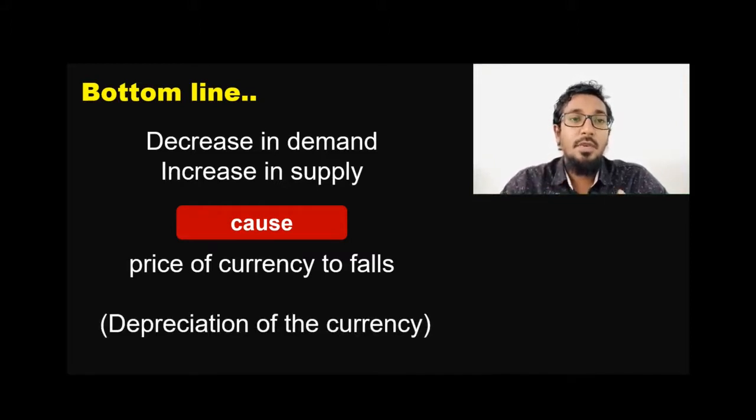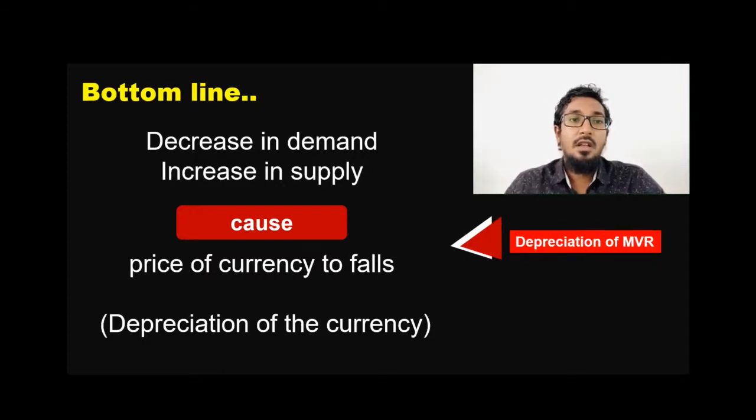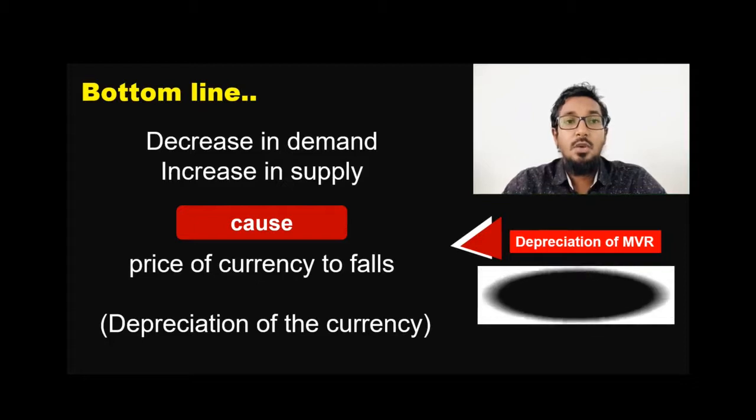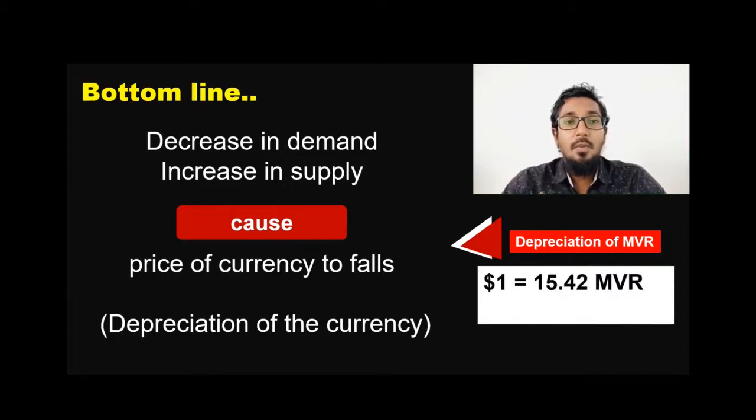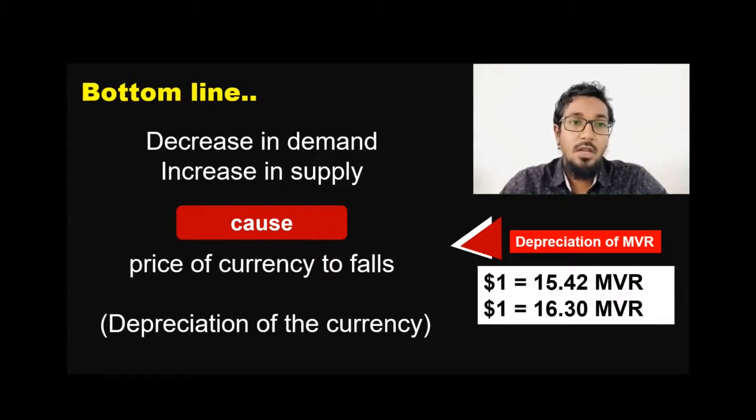Okay, now let me show depreciation of a currency using a numerical example, so it will help you understand it clearly. Let's say that initially $1 is equal to 15.42 MVR, but with the change now $1 is equal to 16.30 MVR, meaning that now we have to spend more to get the same dollar.